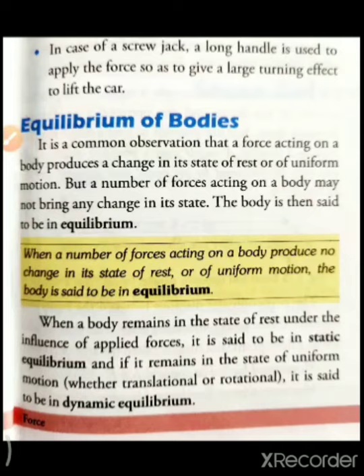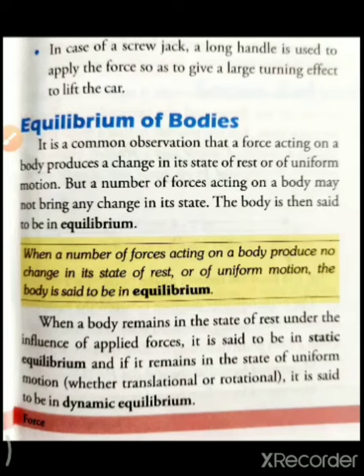Equilibrium of bodies. It is a common observation that a force acting on a body produces a change in its state of rest or of uniform motion. You all know that. An object is either moving or in the state of rest, and a change in position happens because of an agent.